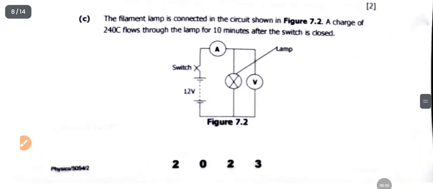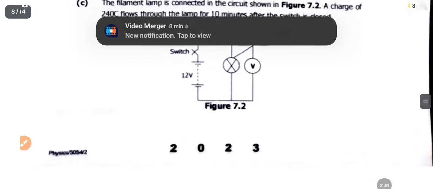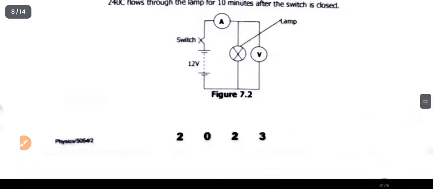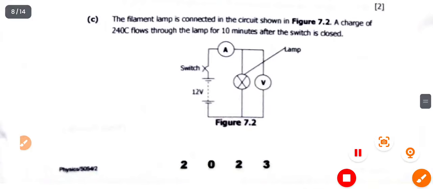Question C. The filament lamp is connected in the circuit shown in figure 7.2. A charge of 240 coulomb flows through the lamp for 10 minutes after the switch is closed. Calculate the number one current through the lamp.